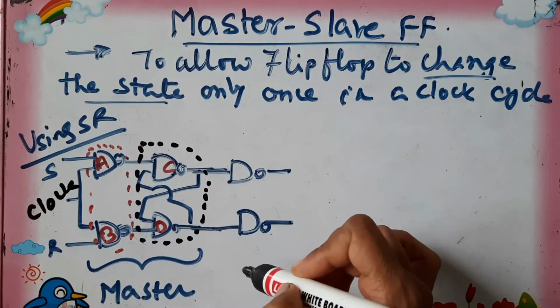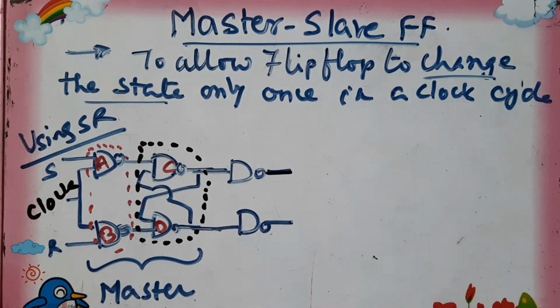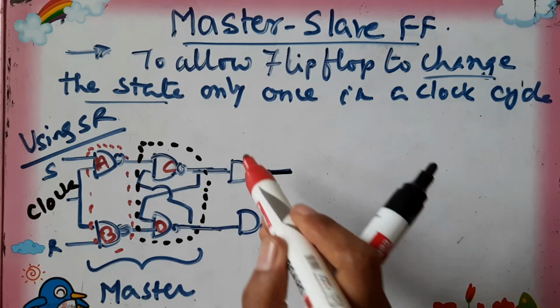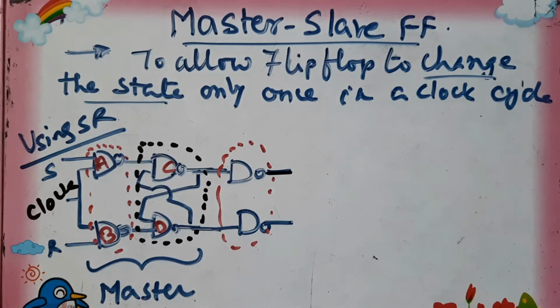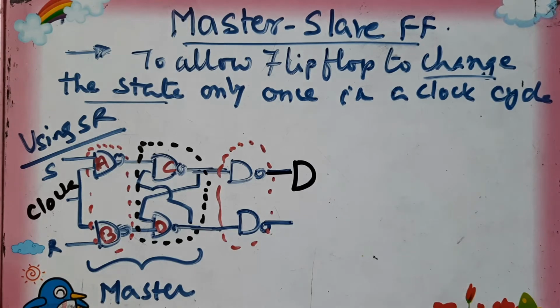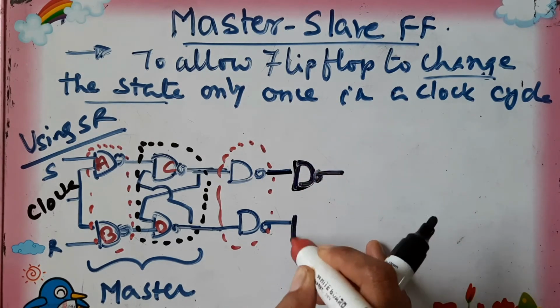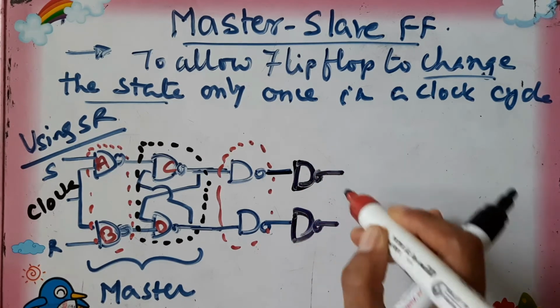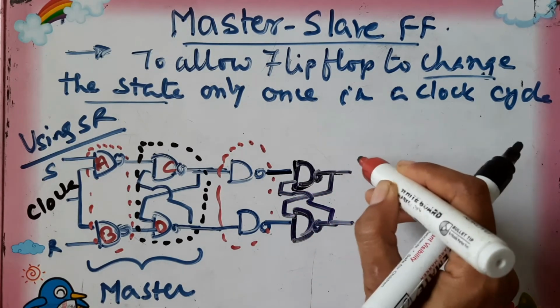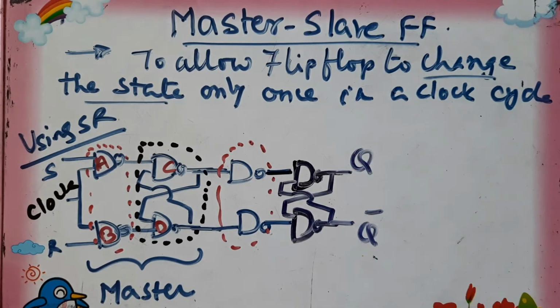Now we are discussing the slave configuration. The output of the master will be given to the triggering gates of the slave. These two are the triggering gates of the slave, and the outputs will be Q and Q bar.